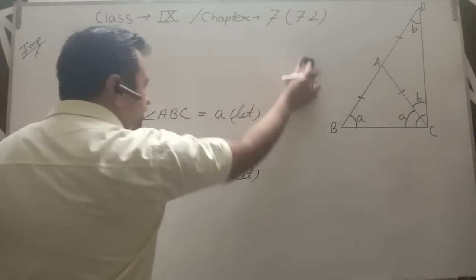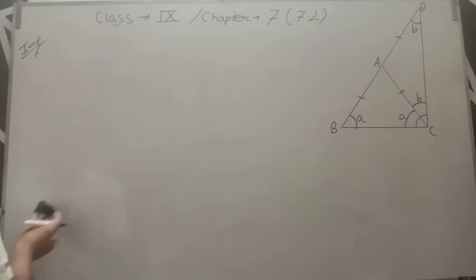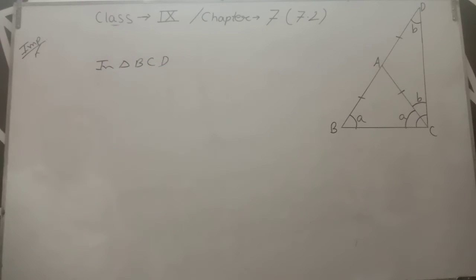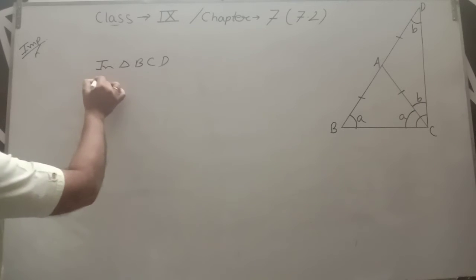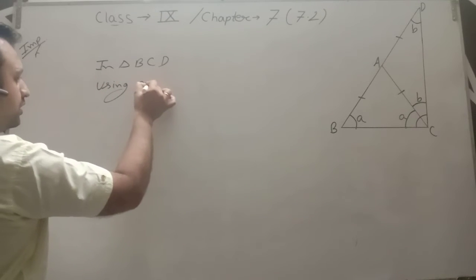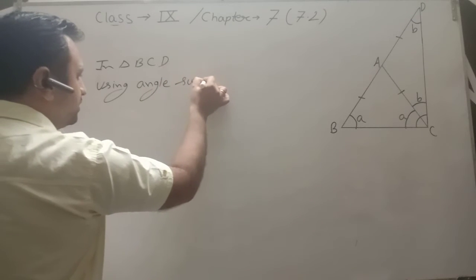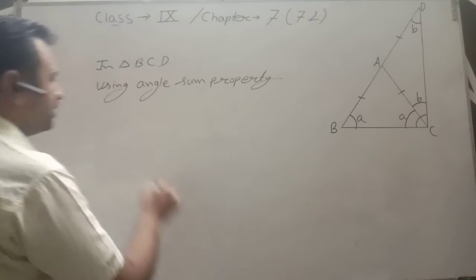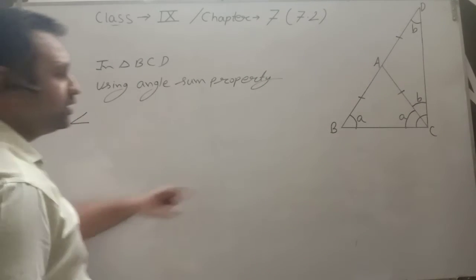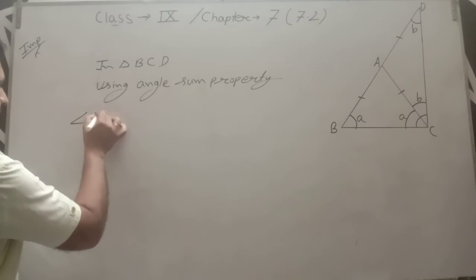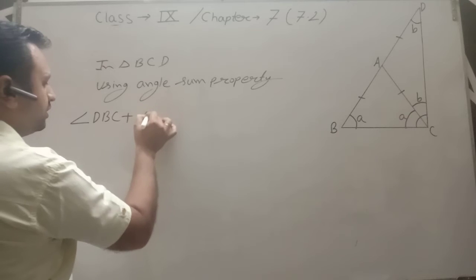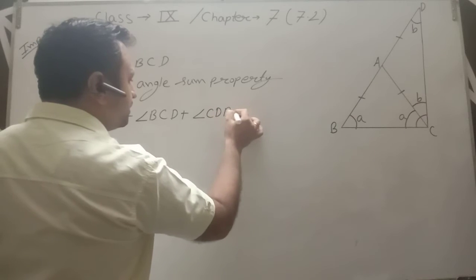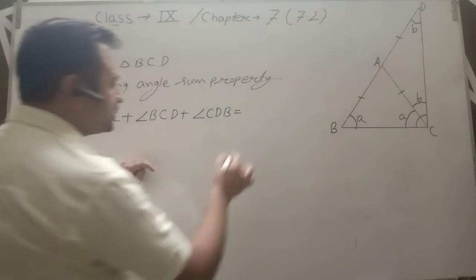Now after this, in the complete triangle BCD, using the angle sum property, angle DBC plus angle BCD plus angle CDB, the sum of these three angles is 180 degrees.